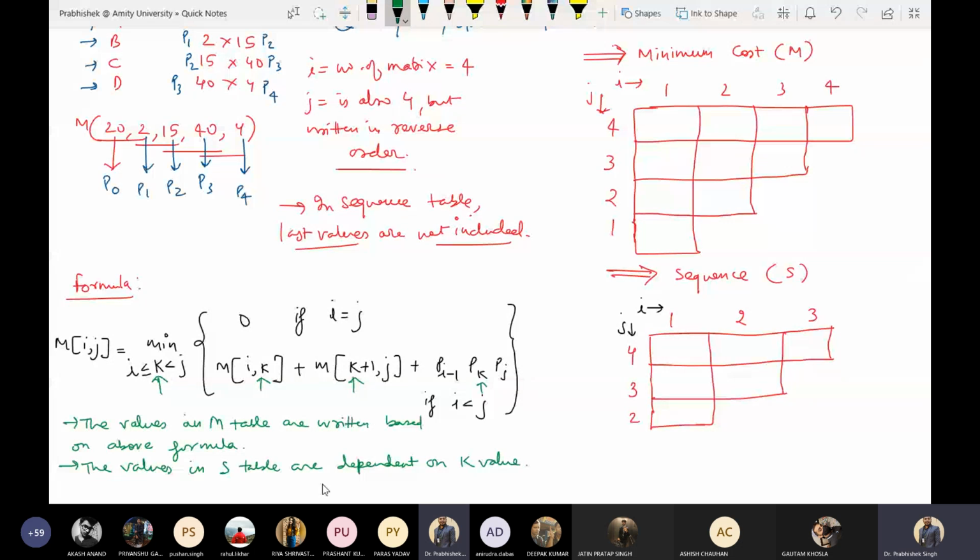But you can see that when I and J are equal, तो क्या हो रहा है?